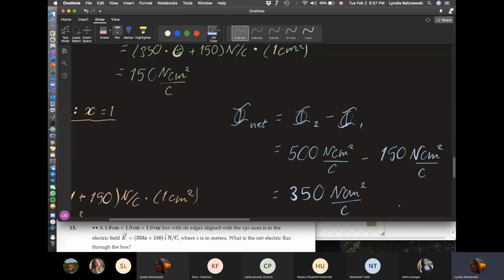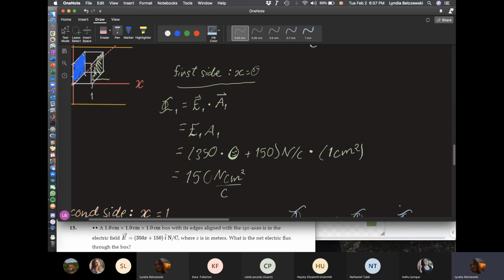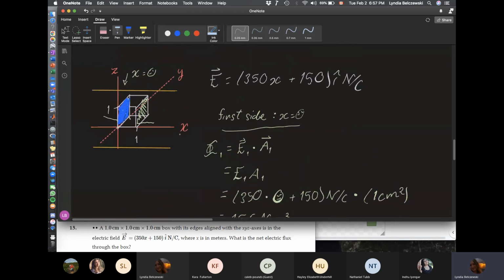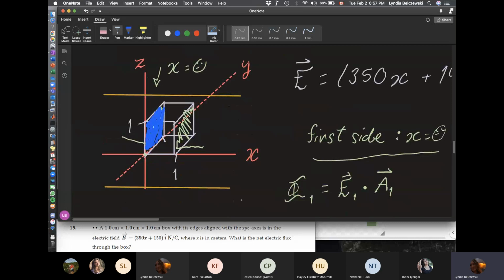Okay. So a question in the chat asks, why was x equal to 0 for the first side? And that has to do with how the box is actually sitting. So this is awkward, visualizing 3D things in 2 dimensions, but here we are. So this purple box is sitting in a corner.